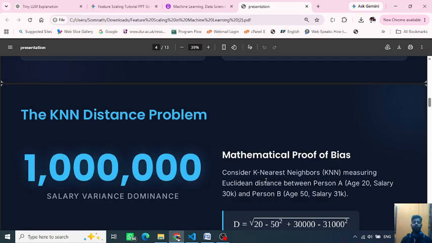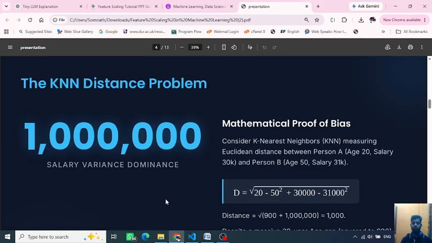So k nearest neighbor needs feature scaling because it uses distance. Suppose person A's age is 20 and salary is 30K, and person B's age is 50 and salary is 31K.